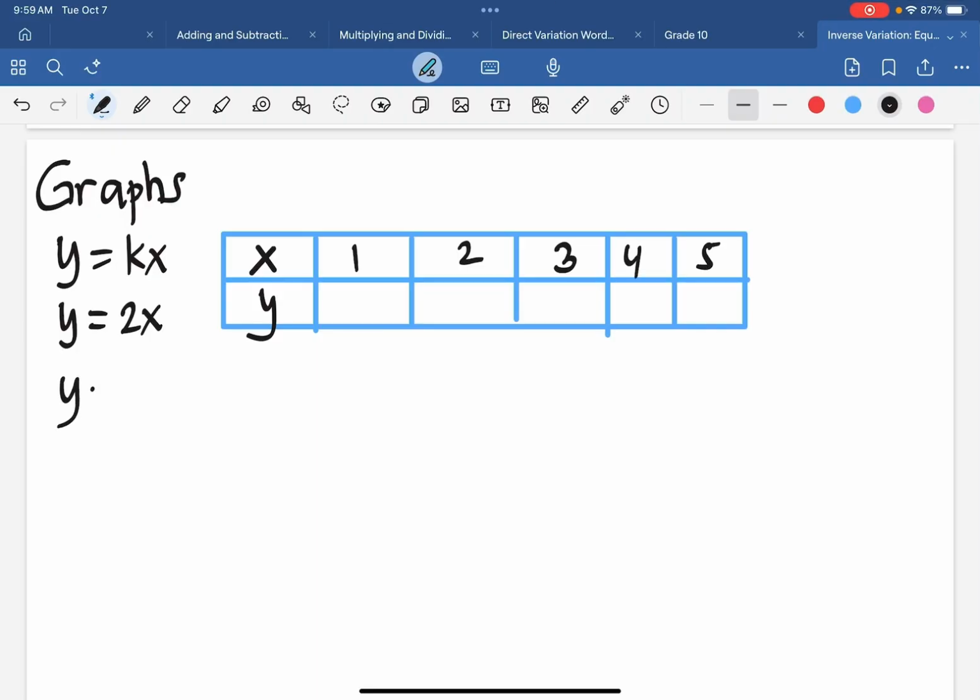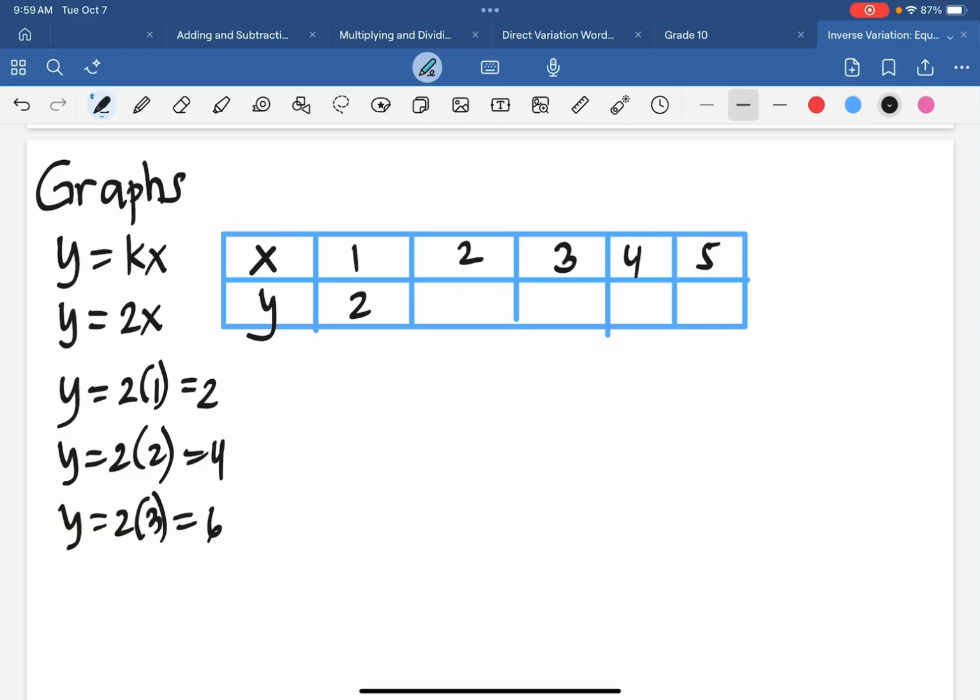If we let x be 1, 2 times 1 is obviously 2. If we let x be 2, we have 4. Then 6. So the pattern goes on: 2, 4, 6, 8, 10.